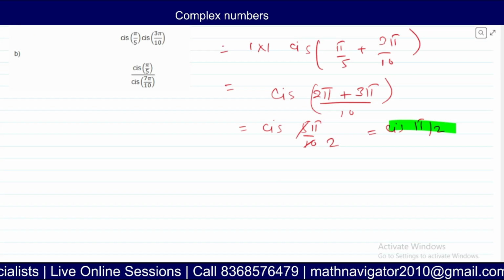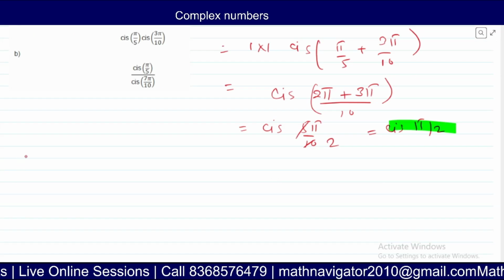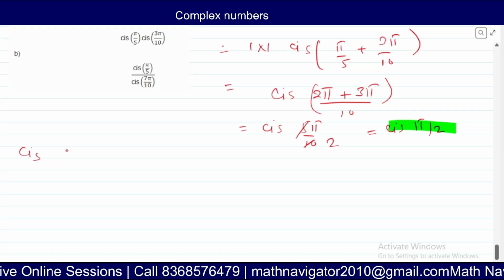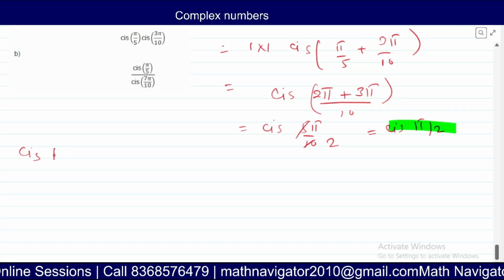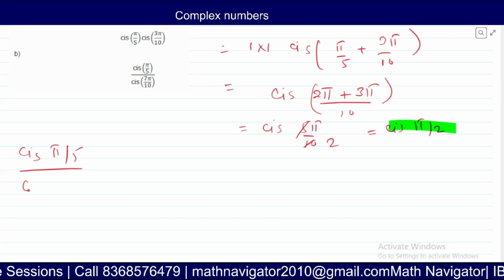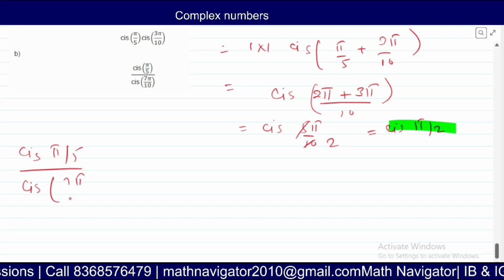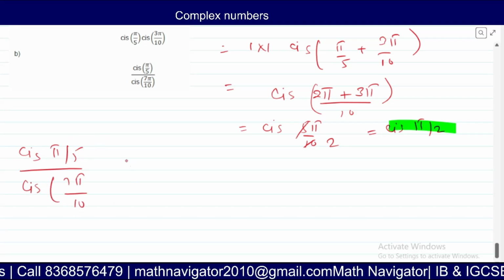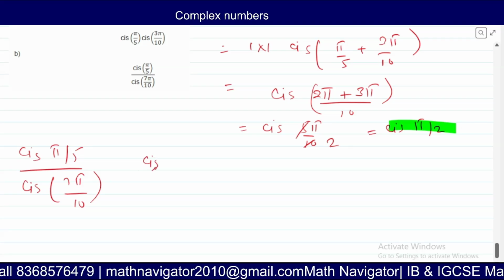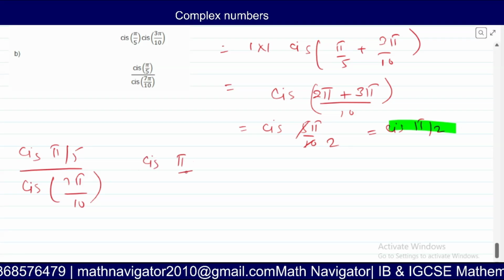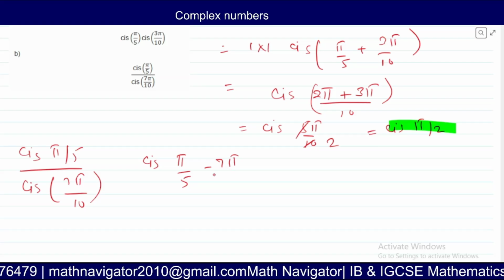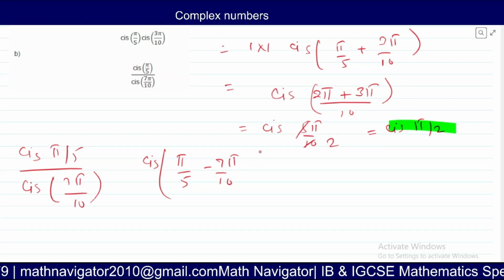So again this is simple. Cis of pi by 5 divided by cis of 7 pi by 10. So this will give me cis of pi by 5 minus 7 pi by 10. Got it?